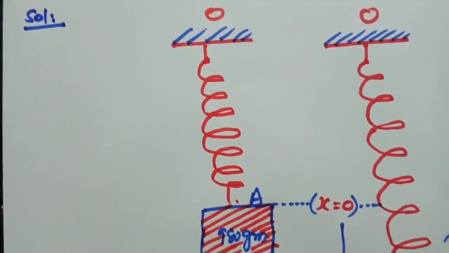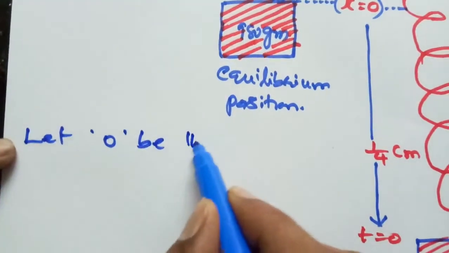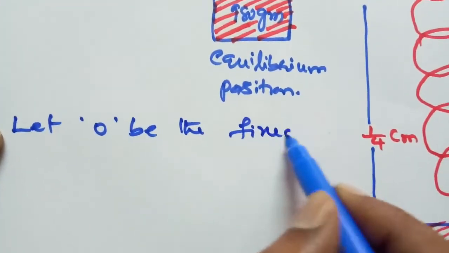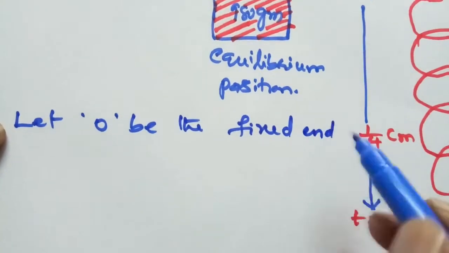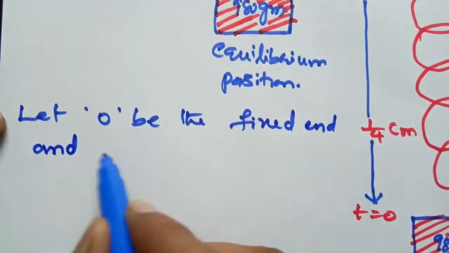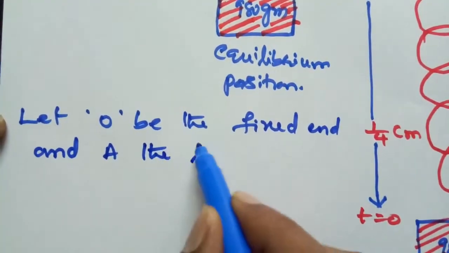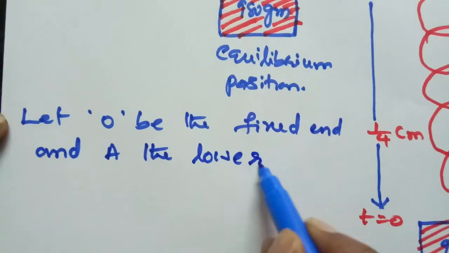now write the steps. The fixed end O and A, the lower end of the spring.